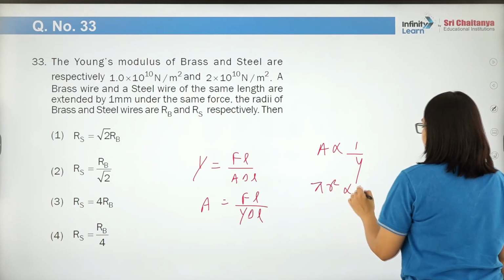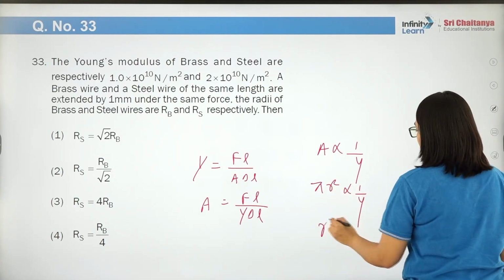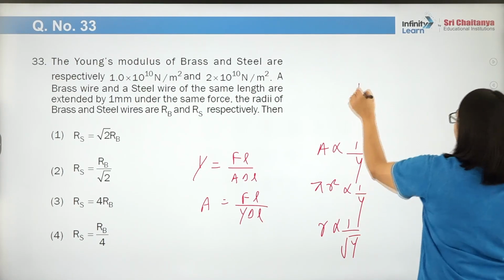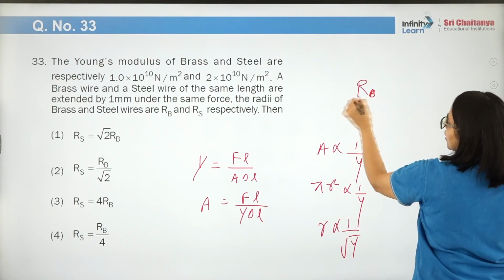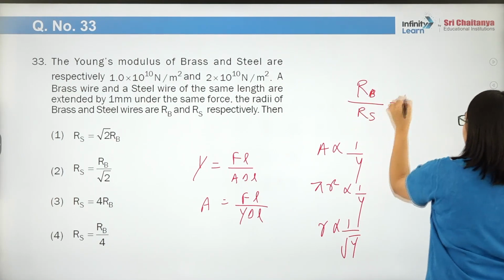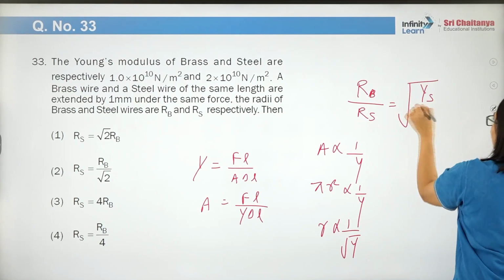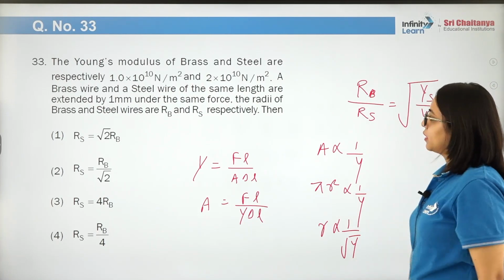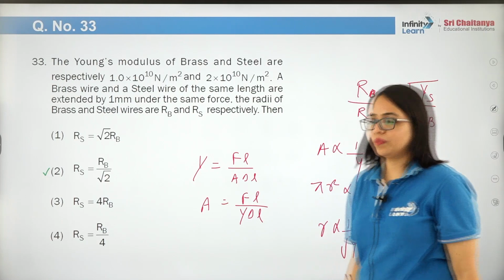So pi r square is inversely proportional to Young's modulus, so R is inversely proportional to under root of Young's modulus. So you can write RB upon RS is equals to under root of YS divided by YB. So after putting the value of YS and YB, you will get your correct answer as option 2.